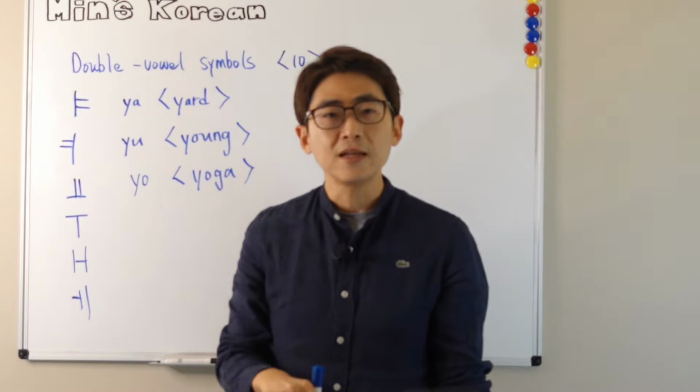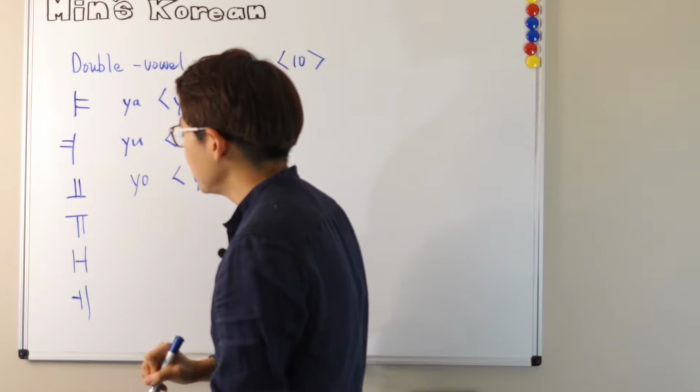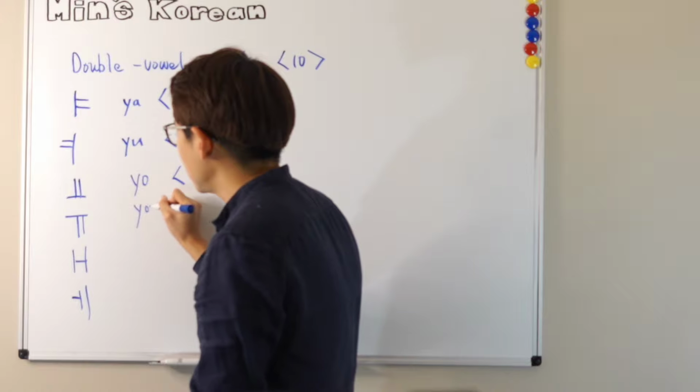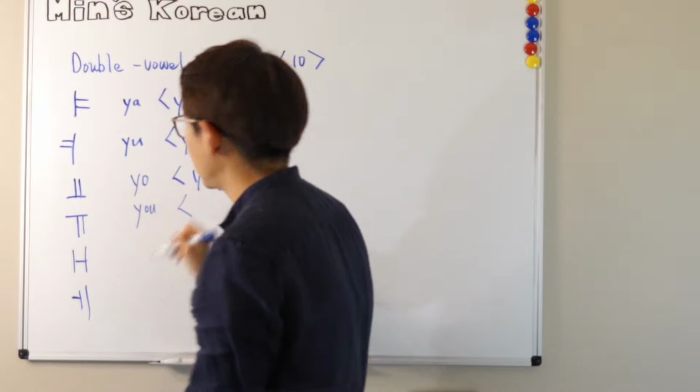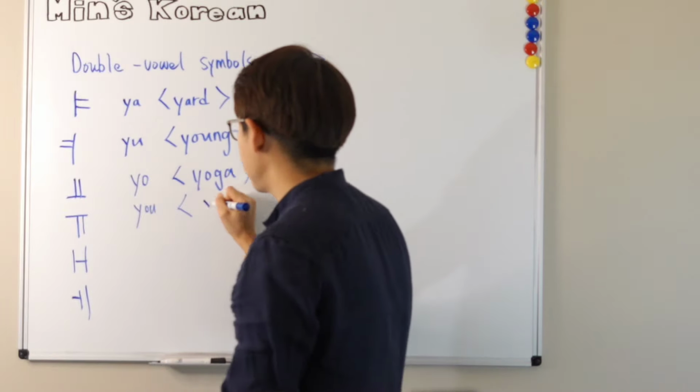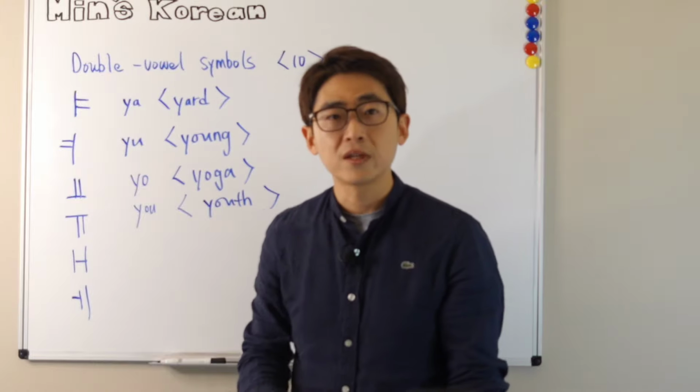All right, and the next one is U, but just by adding one more stroke, it becomes you, as in youth.